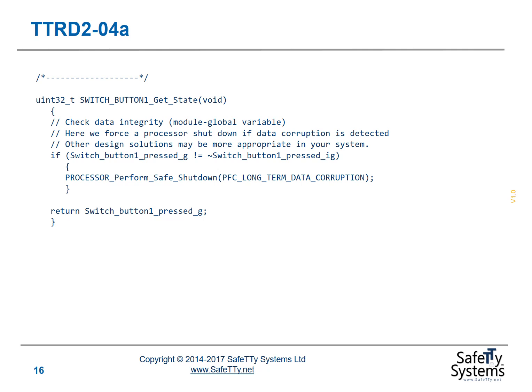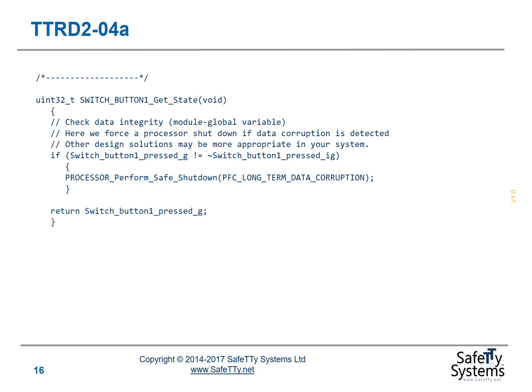And now every time we return the switch state, we're checking the integrity of this duplicated variable. And in this case, we're performing a system shutdown if we've detected corruption in that variable. If we don't detect such corruption, we're returning the state of the variable.